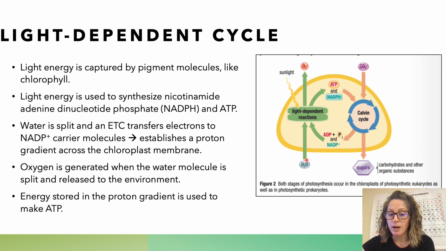At the same time, we're getting the establishment of a proton gradient across the chloroplast membrane. Again, similar to cellular respiration in the mitochondria. At the same time, we have oxygen being produced as a waste product. And again, we have water being used, and when it is split, we're getting that release of oxygen. And again, we have energy being stored as ATP.